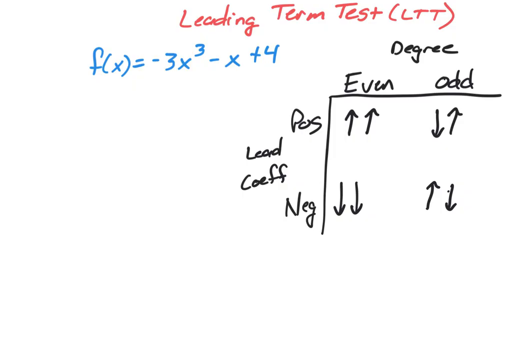So as I look at this example here, the only thing that I care about is the leading coefficient, okay? The leading coefficient is what we're paying attention to, and the leading degree, okay? Just make sure that it's already in the standard form that we want it in. So here we have a degree of 3. So my degree is odd.